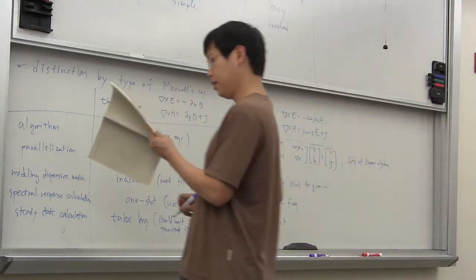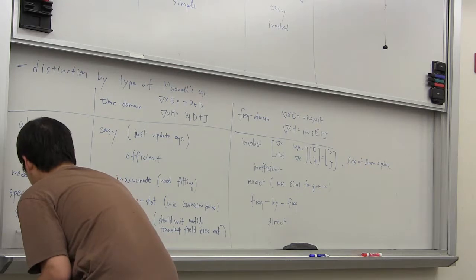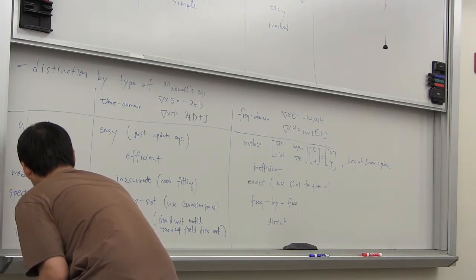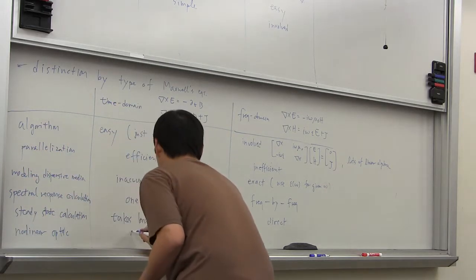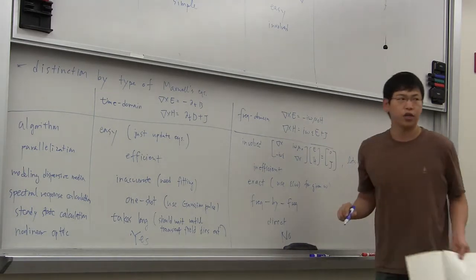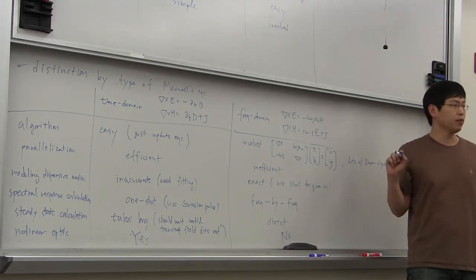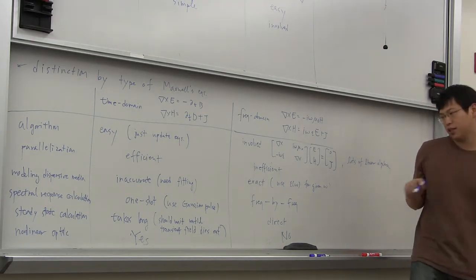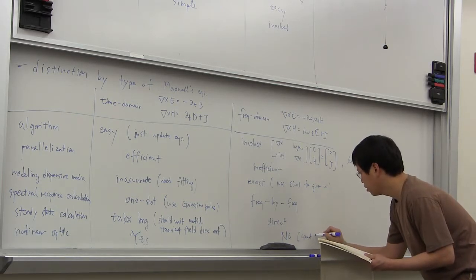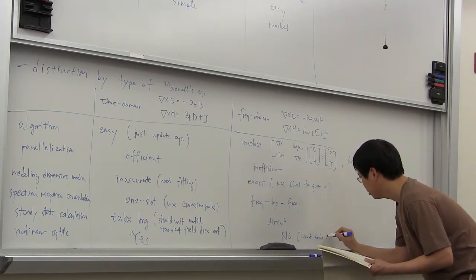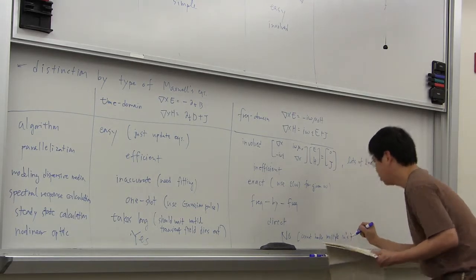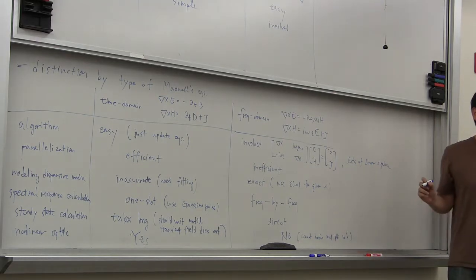And lastly, for nonlinear optics, you can do nonlinear optics in a time domain solver, but not in a frequency domain solver, because you cannot handle multiple omegas in a frequency domain solver.